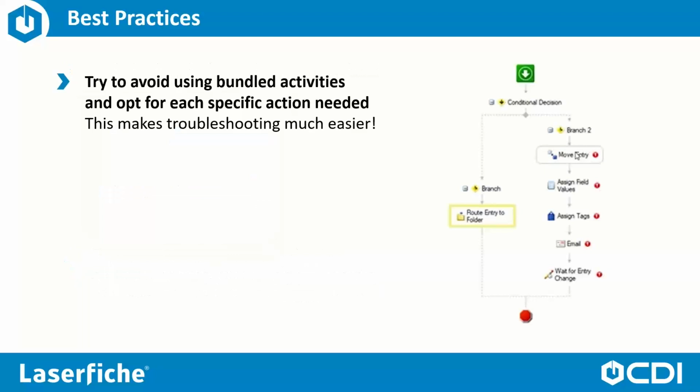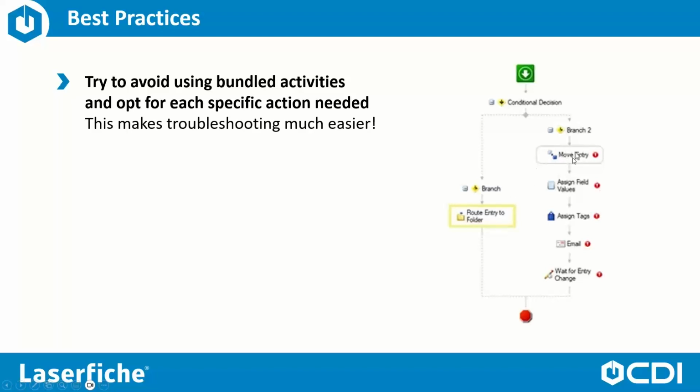So if I flip to the next slide here, here's an example. In self-hosted systems, there is this route entry to folder. And within this route entry to folder, there's the ability to move it, to assign fields, to assign tags. And if you have that all bundled into one activity and you're getting some error, you're going to have to go in and out of that activity to try and figure out what went wrong.